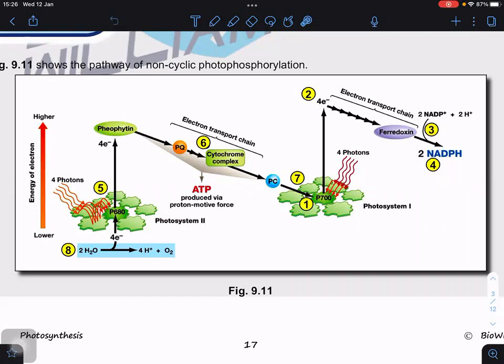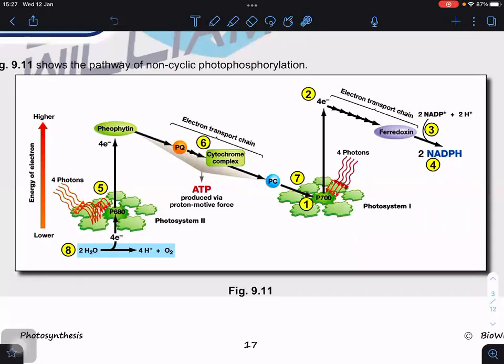Accepted by NADP. NADP is similar to NAD, but it has an extra phosphate group. It is similar to the NAD that we have learned in respiration, slightly different, with one extra phosphate group. So that's why we call it NADP.